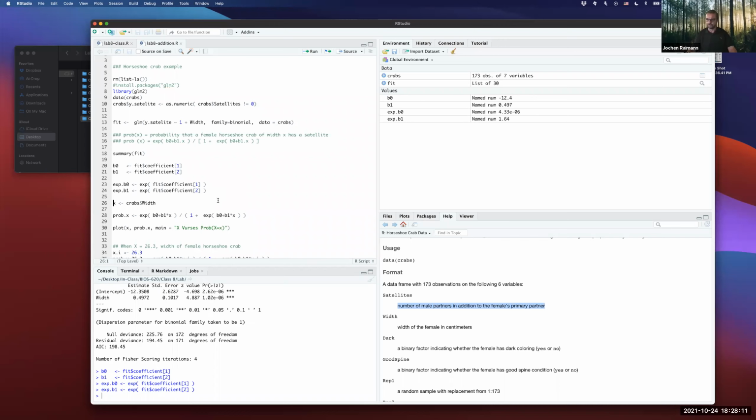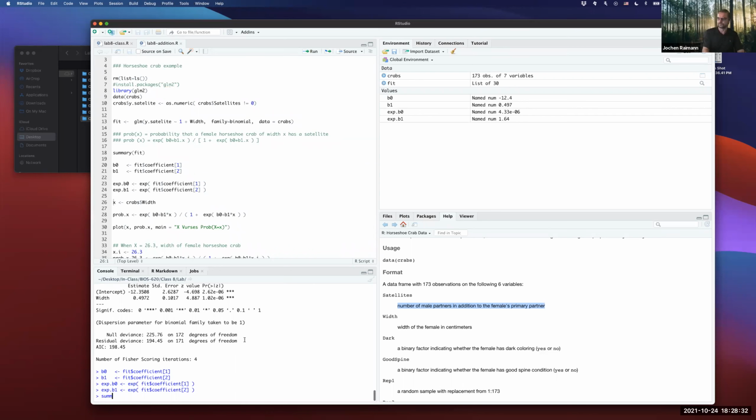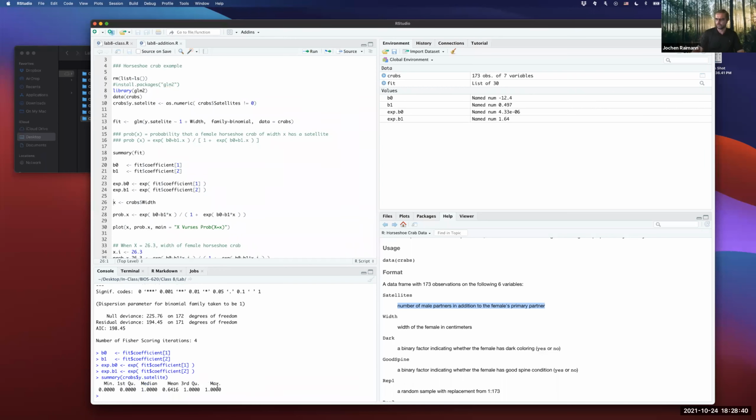This numeric is greater than 0. Crabs, Y satellite. Okay, they have a max of 1.